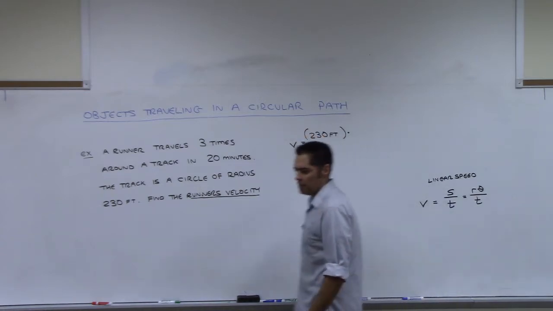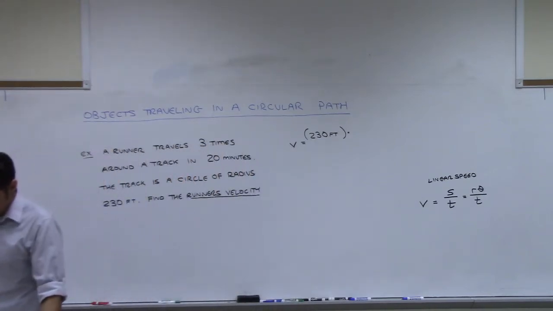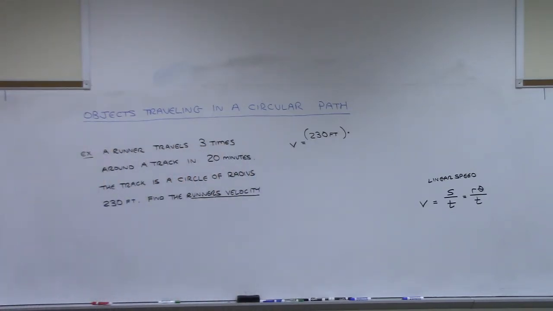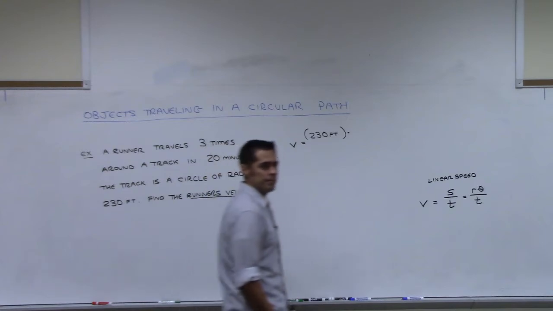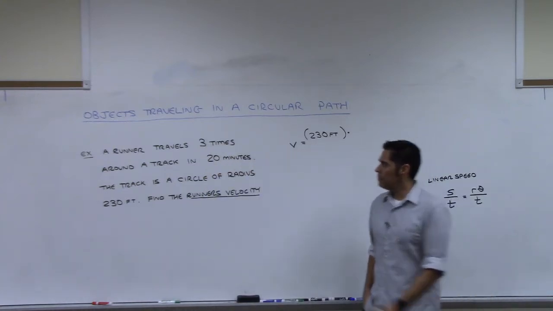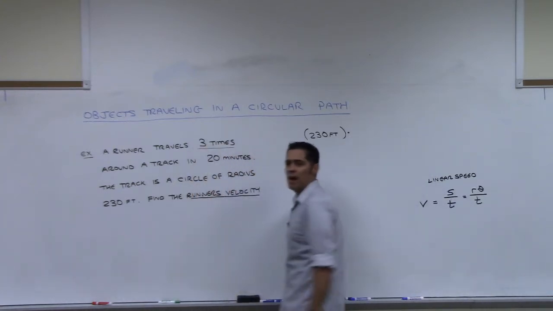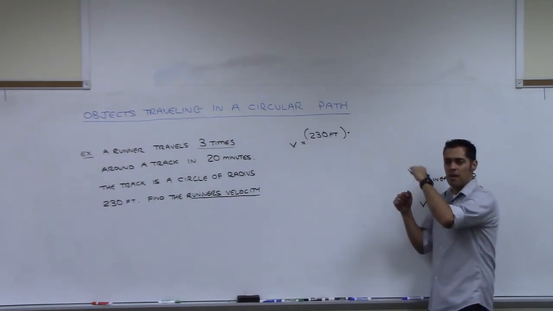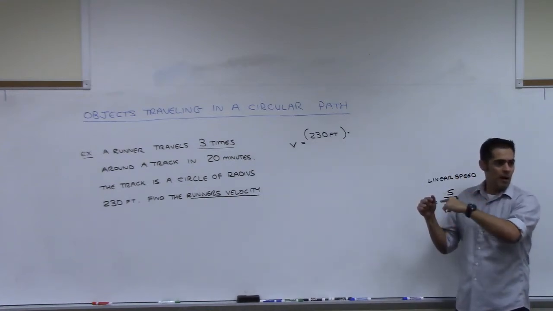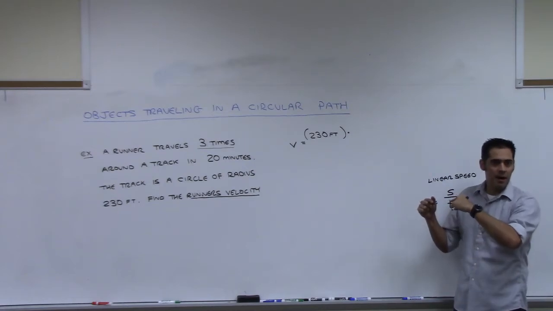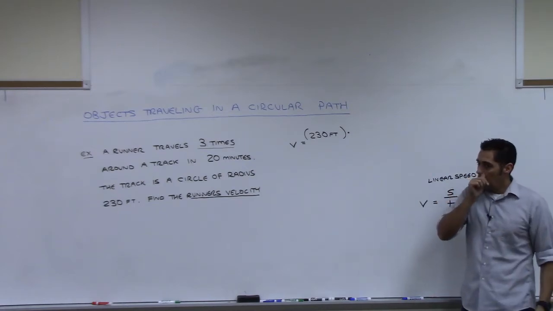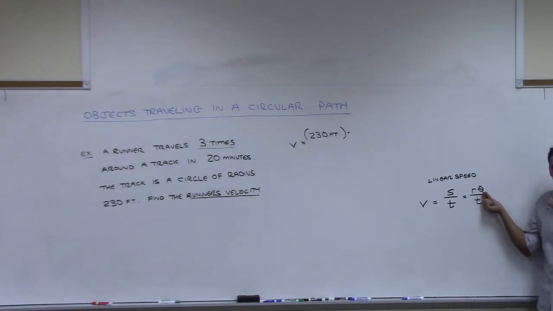Times, now here's the part that you can get a little bit messed up on. What's theta? 6 pi? Where are you getting 6 pi from? Yep, the runner ran 3 times around the track, right? So the first time went around 2 pi, then 4 pi, then the third time around would be 6 pi. So this angle is a total angle, right?